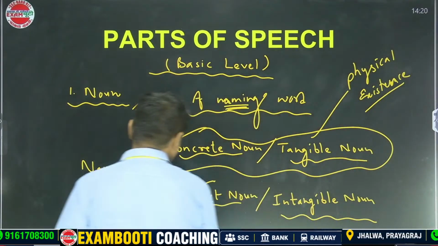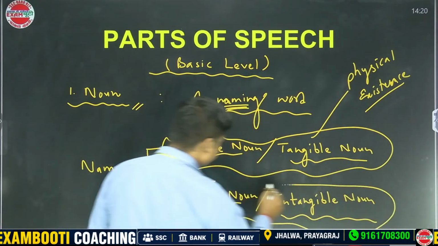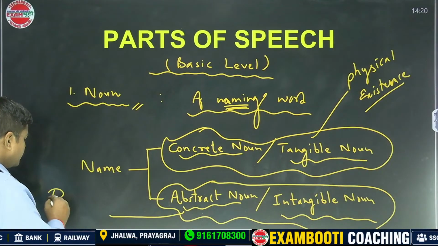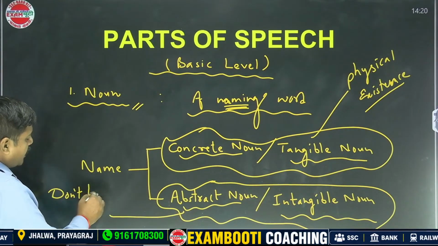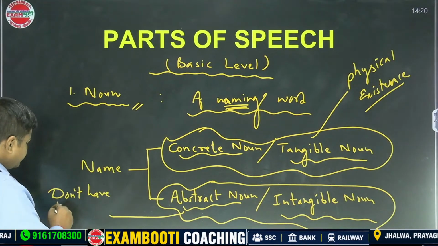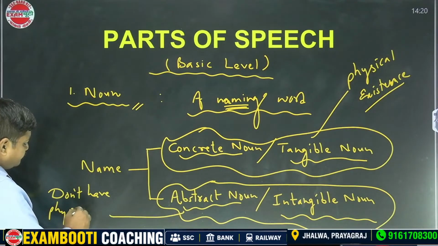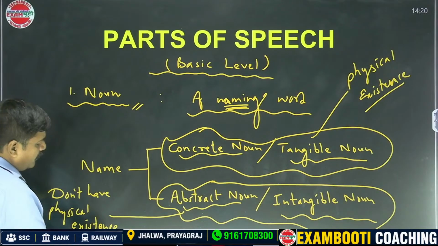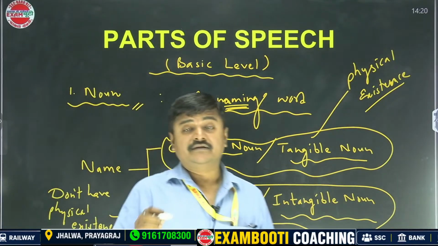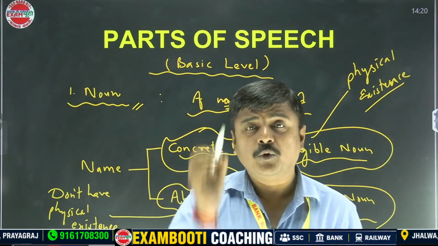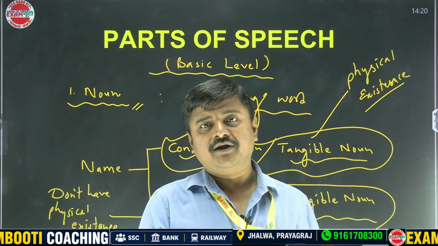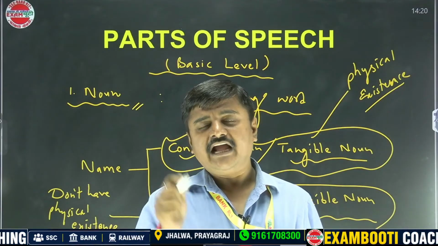But when we talk about abstract noun or intangible noun, they don't have physical existence. This is the one and only difference between tangible and intangible noun, concrete and abstract noun.